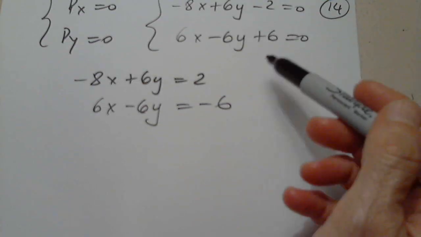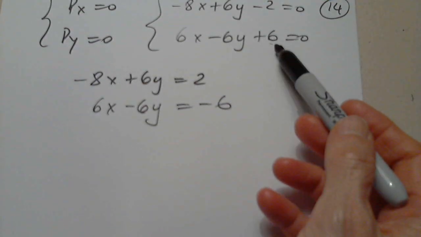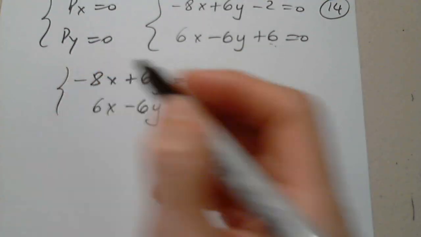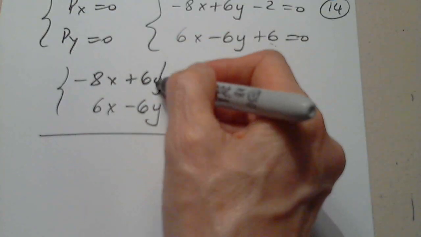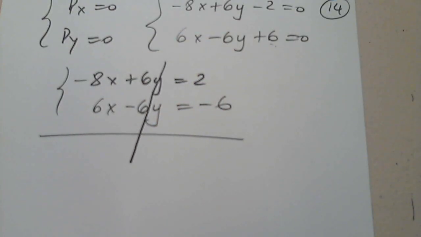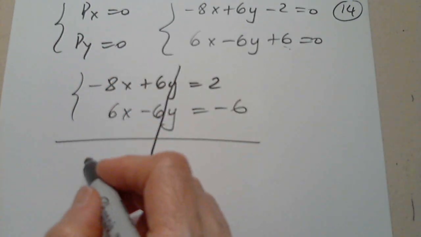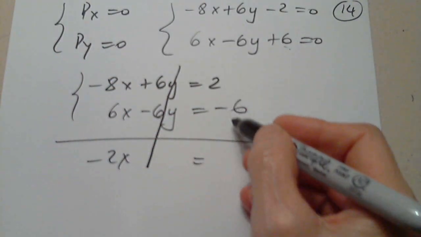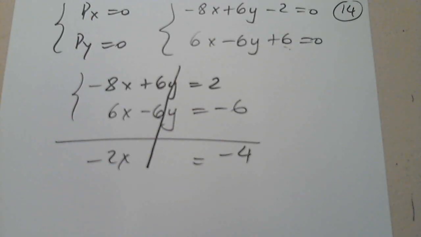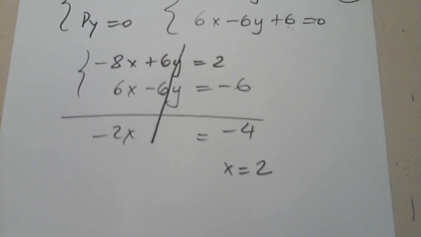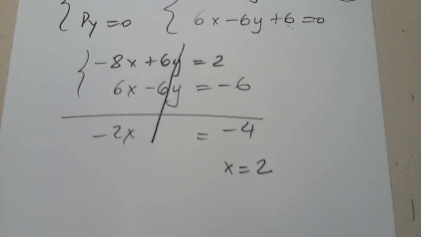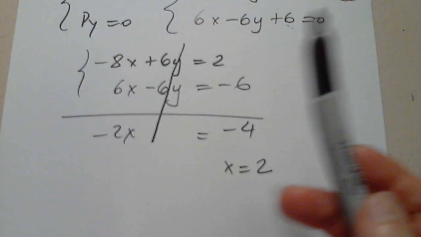I moved negative 2 to the other side. It became positive. I moved 6 to the other side. It became negative. Wonderful. I'm using the elimination method. Negative 2x equals negative 4. So x is 2. I have to find y. I go back to any equation, it doesn't matter.